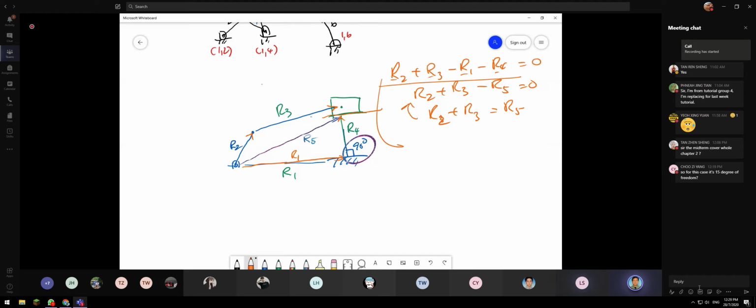And based on this one, R2 plus R3 equals R1 plus R4. So actually, what's the difference? It's just a method of writing? Just a method of solving. Oh, we just combine R1 and R4 to become the resultant to solve.